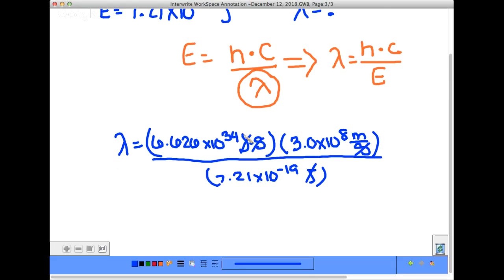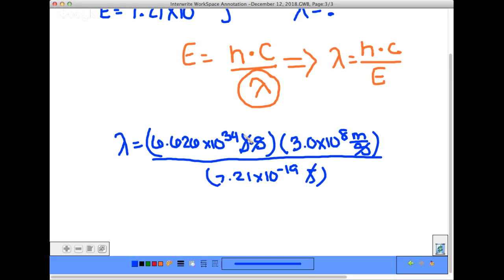So now you want to make sure that you plug this in correctly. So I'm going to plug this into my calculator. I don't have any answers in front of me. So 6.626 to the 34th, and we're going to multiply that by 3.0 to the 8th. And then we're going to divide that by 7.21 to the negative 19th.